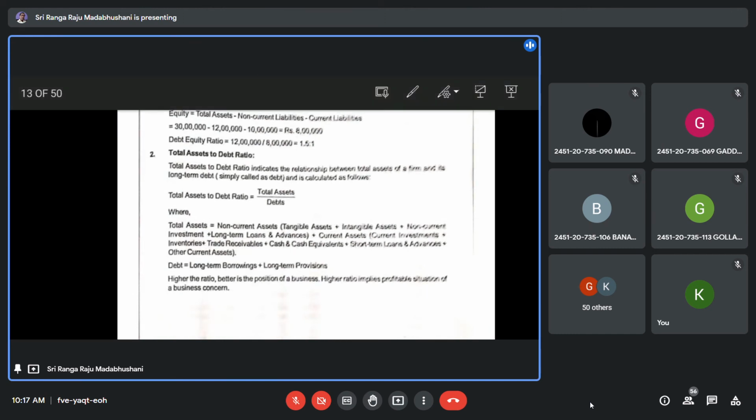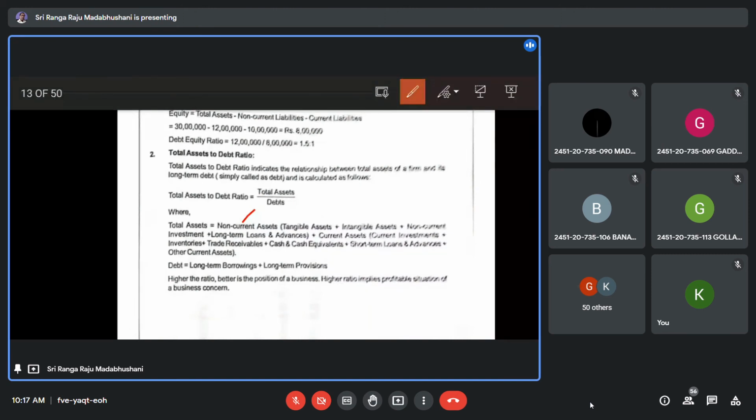Total assets means non-current assets, tangible, intangible, non-current investment, long-term loans and advances, and current assets. You have to include all current assets and cash, cash equivalents, short-term advances and other assets. So the total of the asset side of the balance sheet.